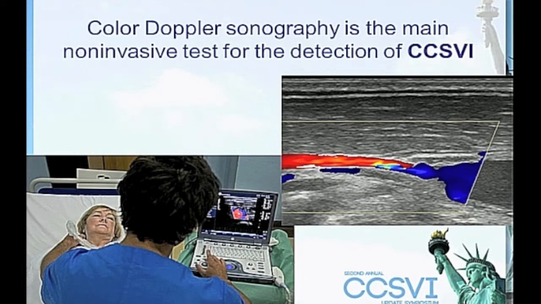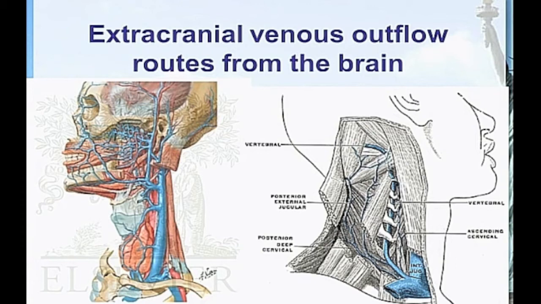Doppler sonography at the moment is the main diagnostic test to assess CCSVI, both before the procedure and in clinical research, after the angioplasties and so on. What can we see with ultrasound?